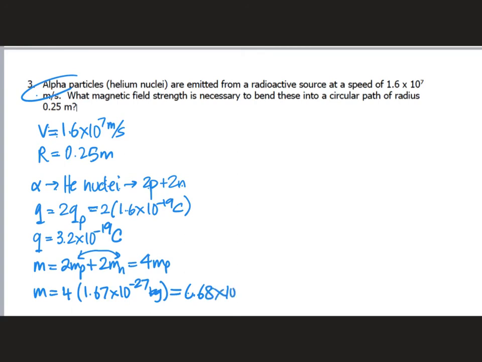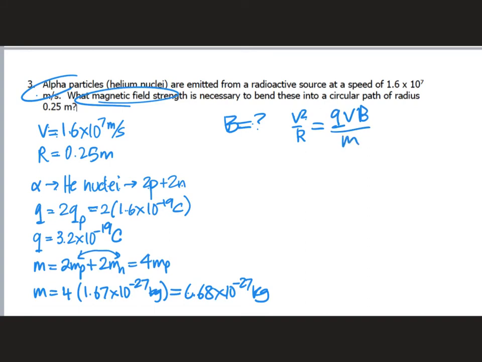So the mass is 6.68 times 10 to the negative 27th kilograms. Those are all of our knowns, and what we're looking for in this case is the magnetic field strength. So B equals question mark. Remember, you're going in a circle, V squared over R, and it's caused by the magnetic force, QVB, divided by the mass.